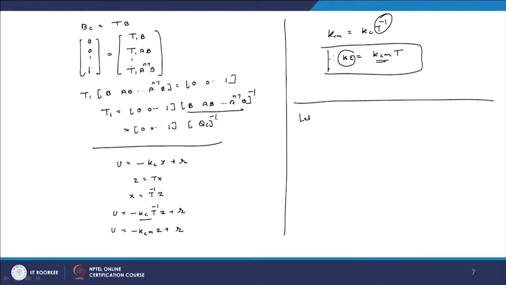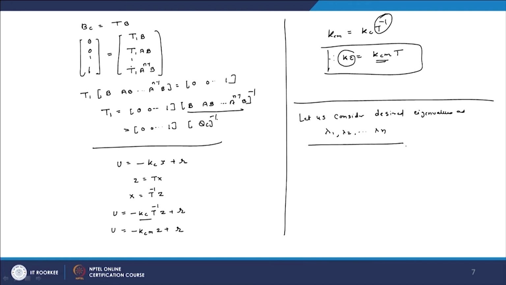Let us consider the desired eigenvalues as lambda 1, lambda 2, say lambda n.